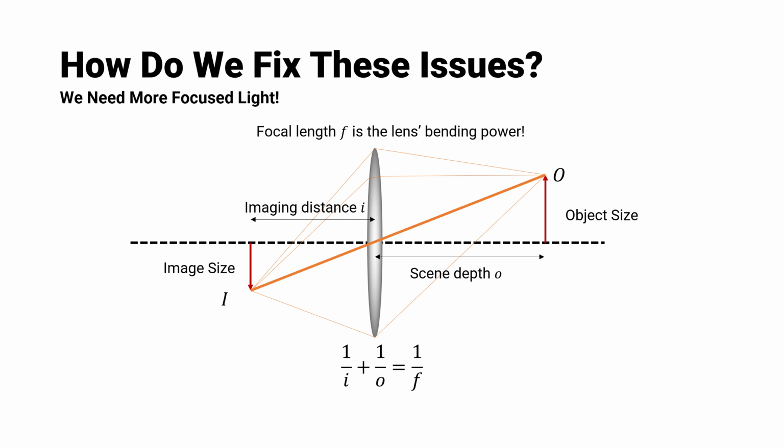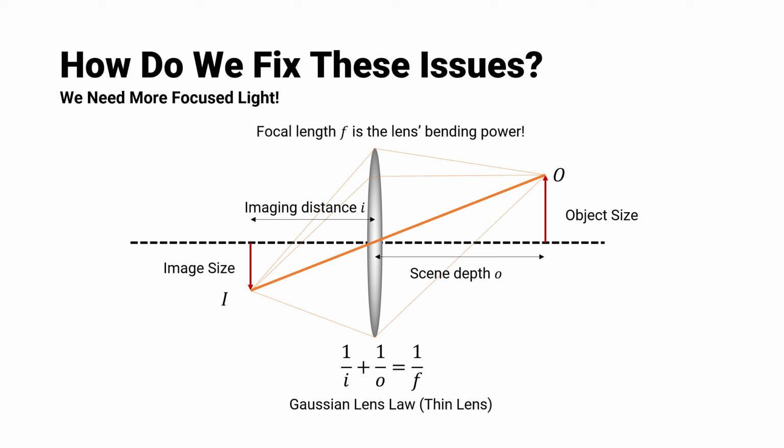And in high school physics, you would have seen equations like this, where you have the relationship between imaging distance, the scene depth, and the focal length. This is called the Gaussian lens law or the thin lens model. The assumption we are making here is that the lens is infinitely big, and it's infinitely thin.